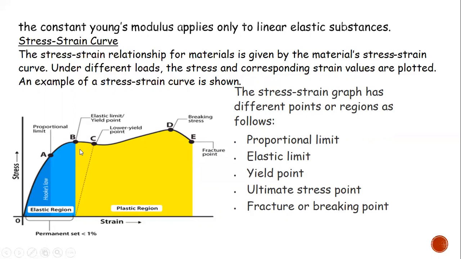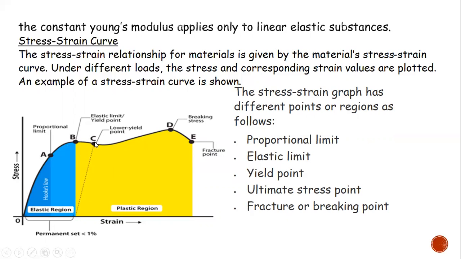A to B is the yield point, meaning that if we elongate further, deformation starts to occur, and there is a lower yield point too.